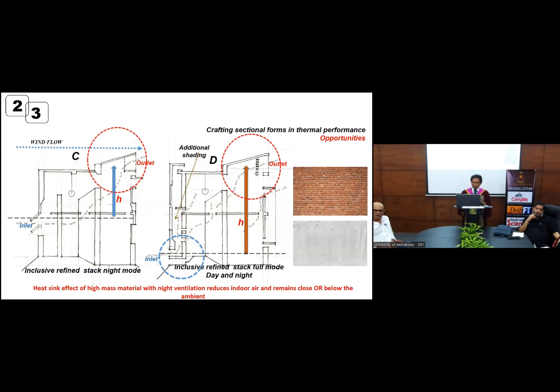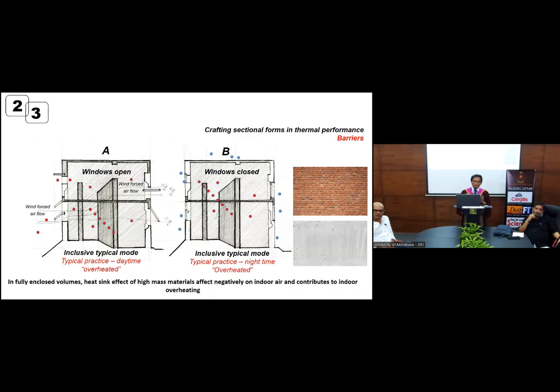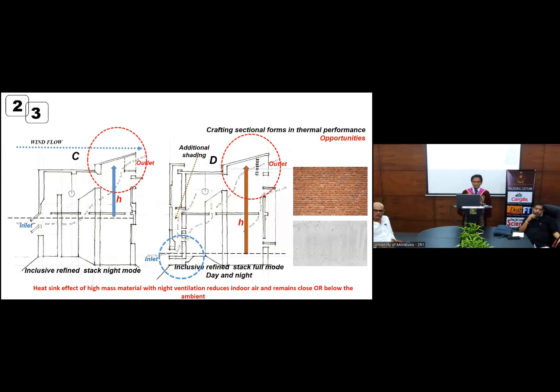Now, even the previous one, the same design, same space, but in this one, crafting the space will create some favorable situation. Then figure D has more interventions to the facade. On the facade on the left, the inlet is controlled, the inlet is shaded, and there's an additional shading just outside the building, for example, a double skin wall or something.